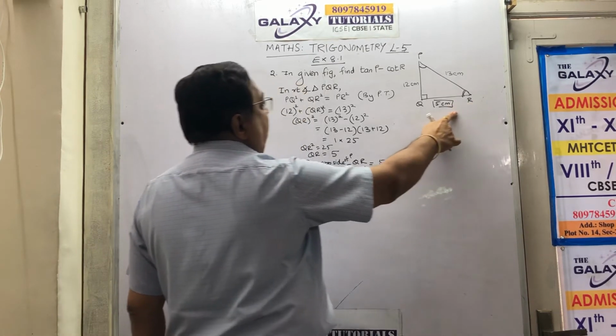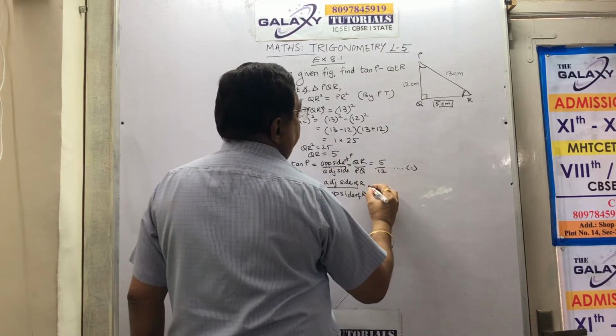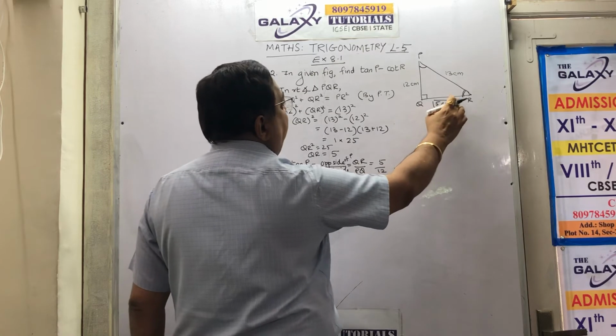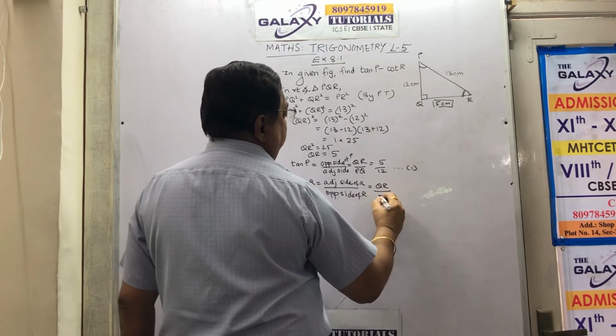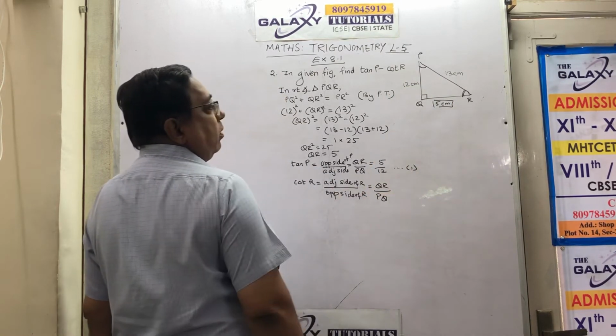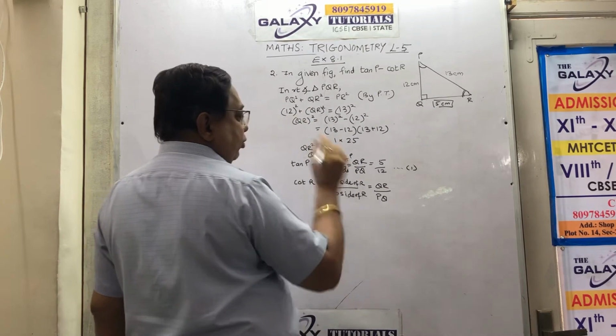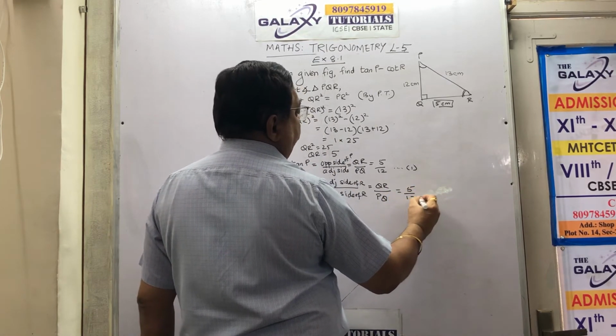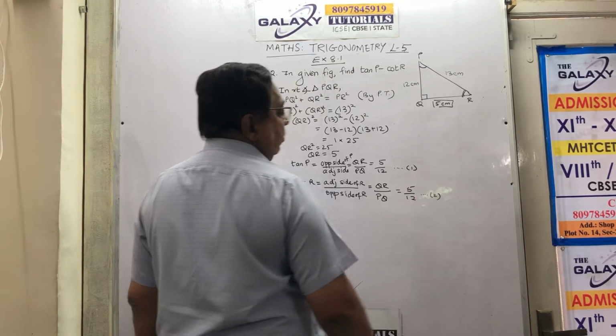Adjacent side of R is RQ or QR. Opposite side of R is PQ. Okay, hypotenuse does not change. QR is 5, opposite is 12. This is my raw material too.